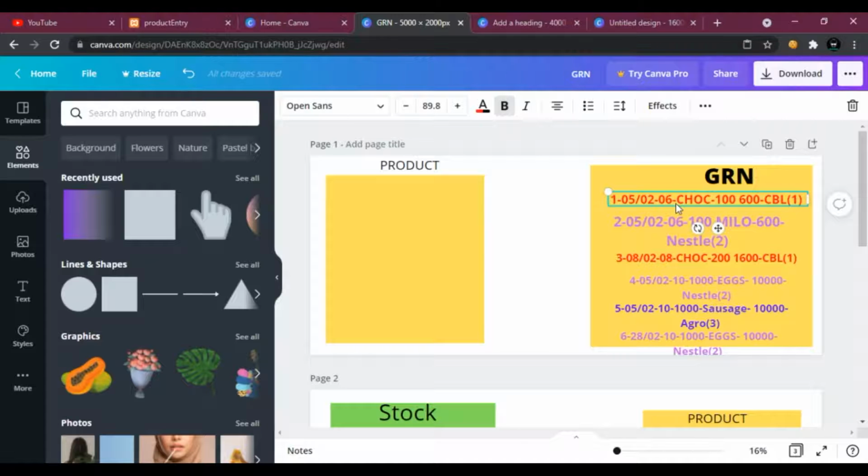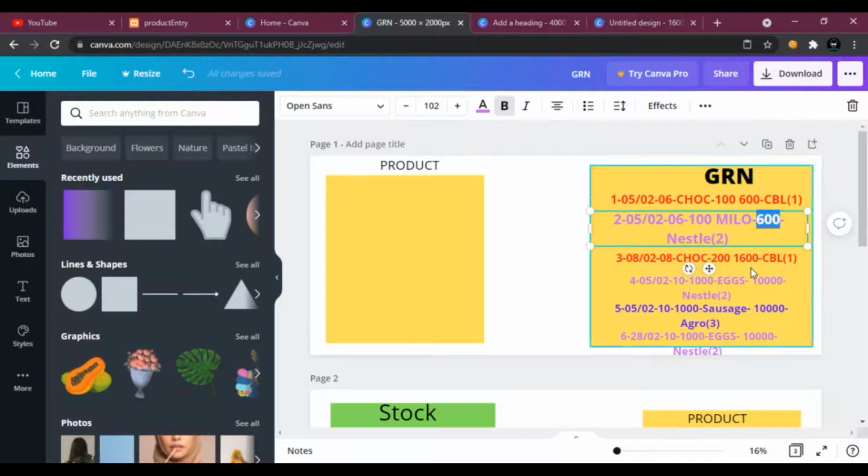He got 6 chocolates from the CBL supplier, so the GRN ID is 1 and the supplier ID is also 1. On the same date, he bought 6 Milos from Nestle, and the price is 100, so 100 times 6 is 600, the total.